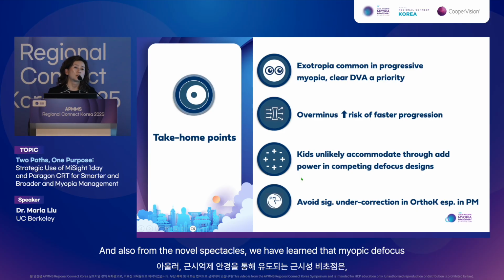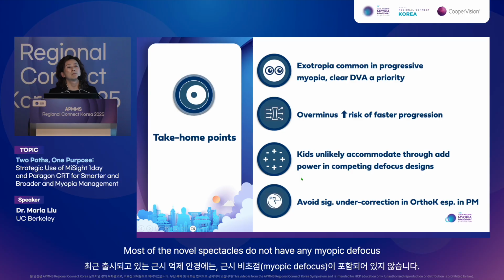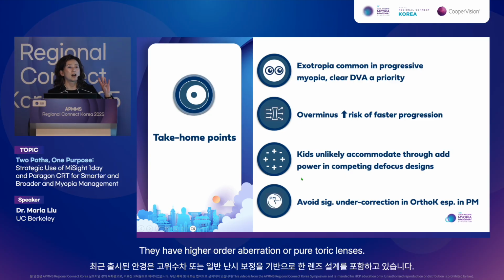And also from the novel spectacles, we have learned that myopic defocus is only one special type of myopia stop signal. There are many other types of stop signals. Most of the novel spectacles do not have any myopic defocus as their dosage for myopia control. They're either higher order aberration or pure toric lenses.